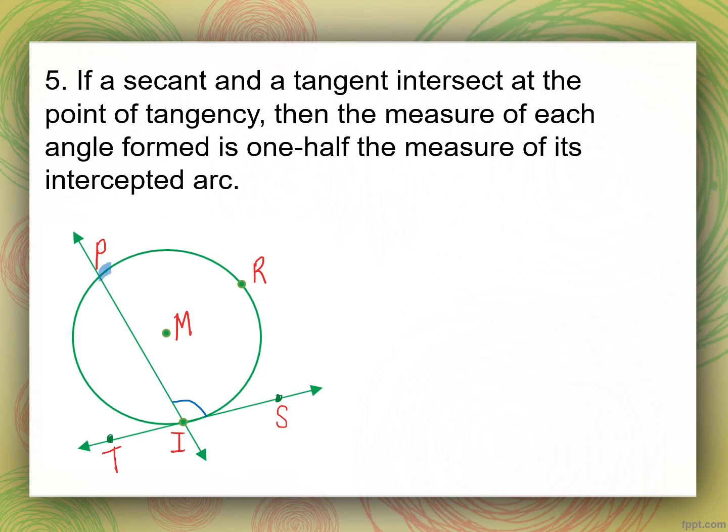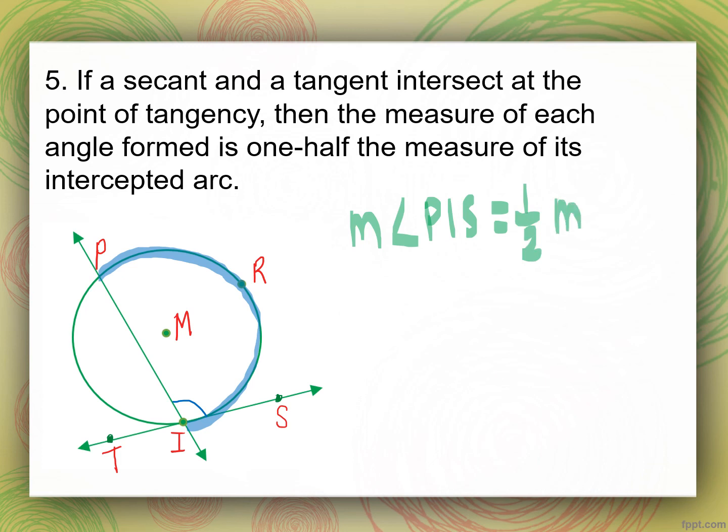Of course, this is your intercepted arc, which is arc PRI. So let's write a formula for that. The measure of angle PIS is equal to 1/2 the measure of arc PRI.